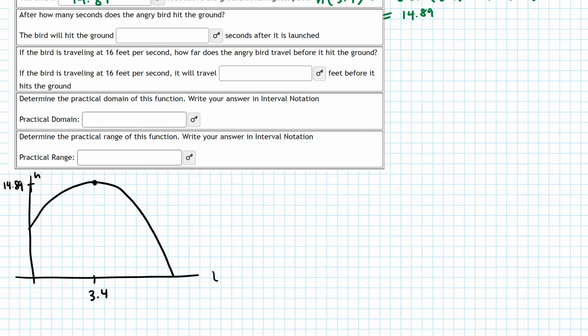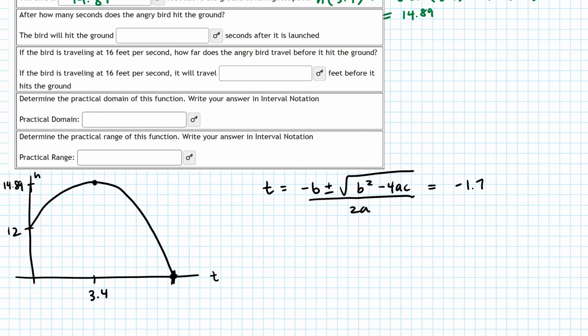This is the height, this is the time, and we know that the initial height was 12, and so now we want to find basically this ordered pair right here for when the bird hits the ground. And the way that I'm going to do that in this question is by utilizing the quadratic formula. So in this case, t equals negative b plus or minus the square root of b squared minus 4ac all over 2a.